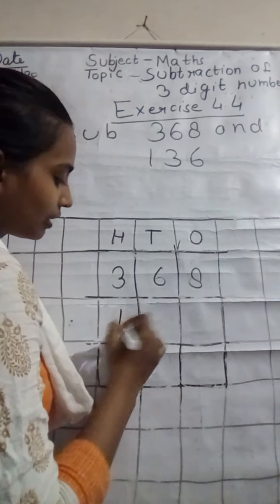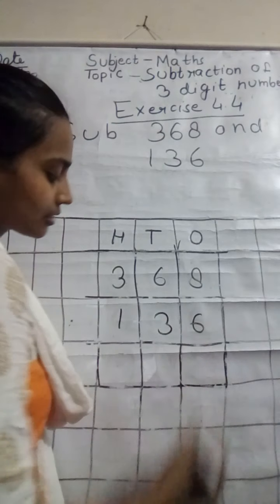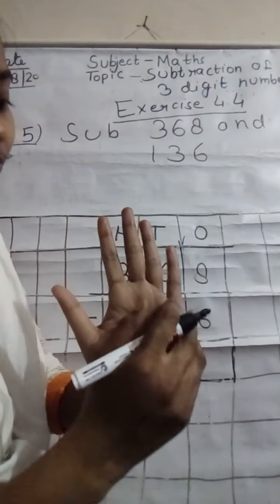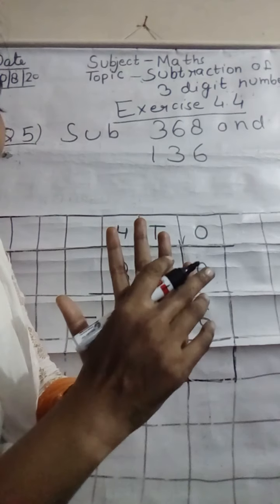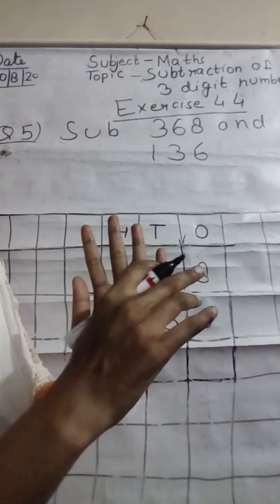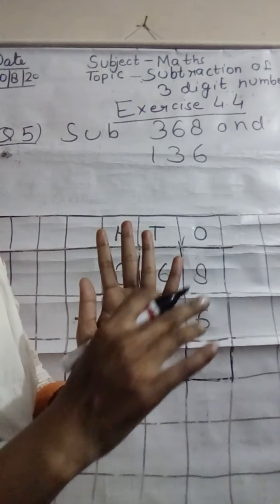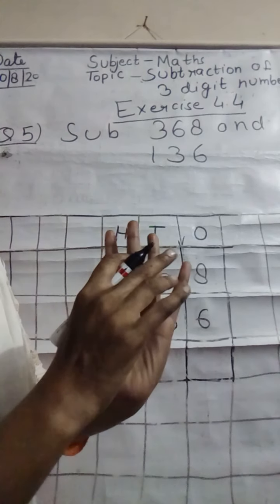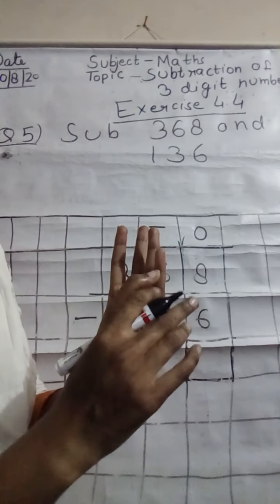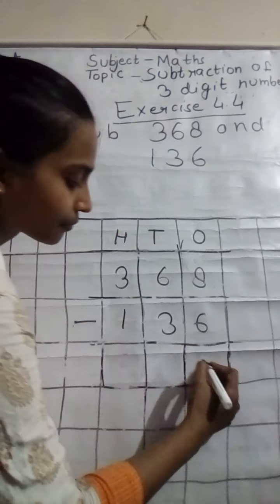Now 136, put a sign. 8 minus 6, how many are left? 2.